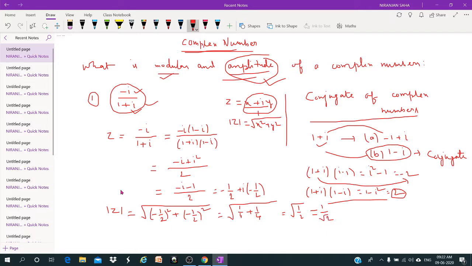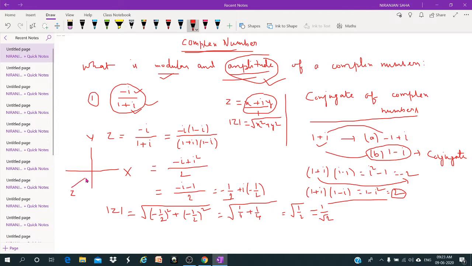The important thing is that now we have to find the amplitude. The amplitude depends on where the point exists on the complex plane. If we draw the complex plane, this is the real axis and this is the imaginary axis. Here both x and y are negative, so the point exists in the third quadrant, and z belongs to the third quadrant.